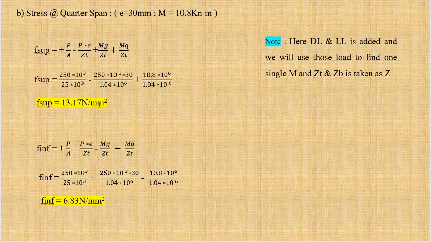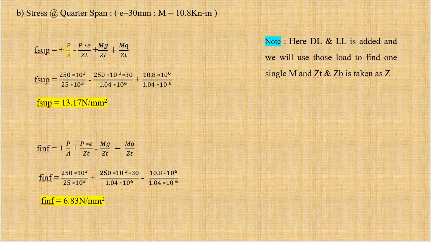The next thing is again the stresses at the top. Again we have the same standard formula, copy that down. We have the E value here, we have the M value here. Please be careful: don't substitute these two values separately again and again. The third and fourth terms are a single term, that is M by Z, that's it.